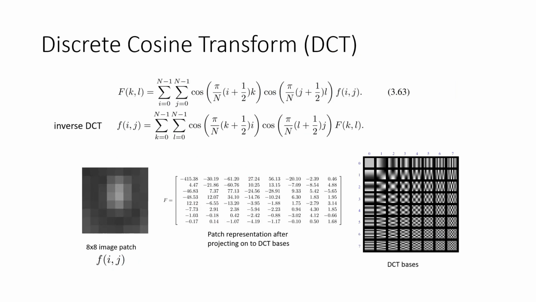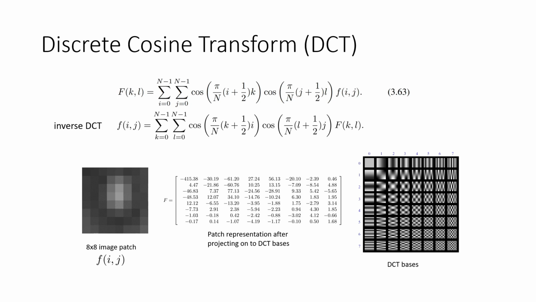In addition, there is an image transform called the discrete cosine transform. It is a special case of the Fourier transform. This is the equation for the DCT. But what is the meaning? Say this is an 8x8 image patch, and we apply the discrete cosine transform.